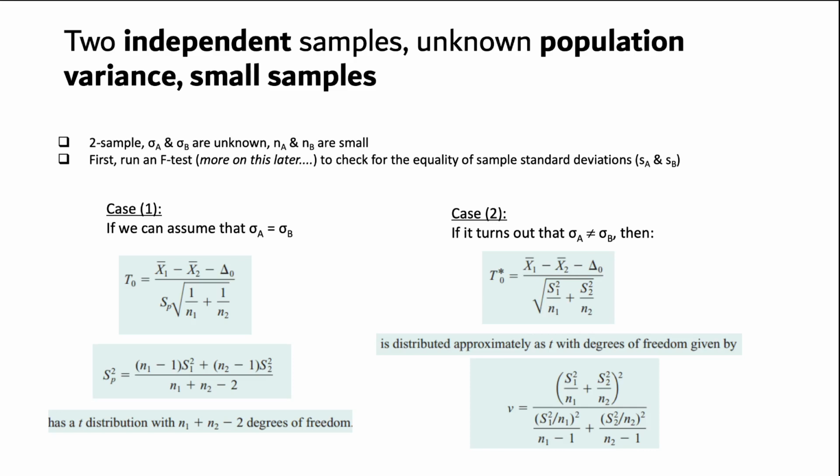Sp square is the pooled estimator of sigma square. This is the combination of two sample variances, S1 square and S2 square. So please look carefully at the equations and choose which equation should be used to solve your case.